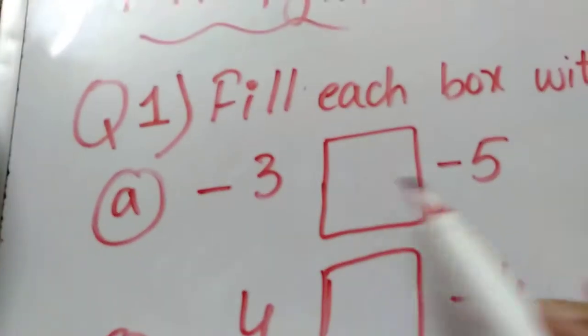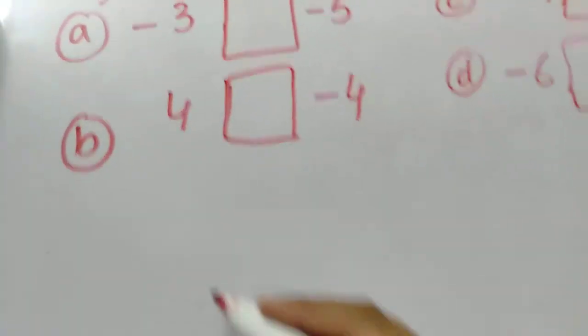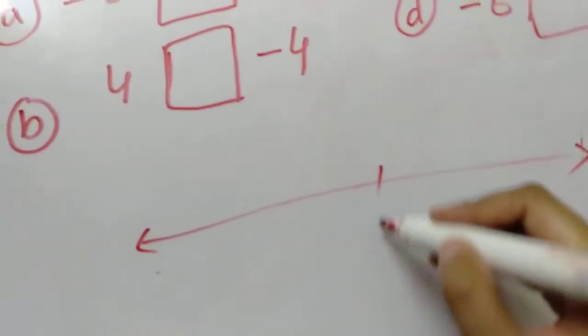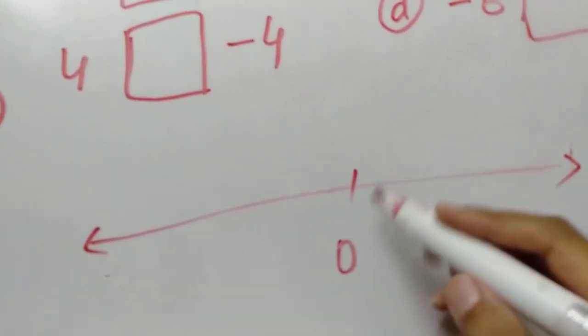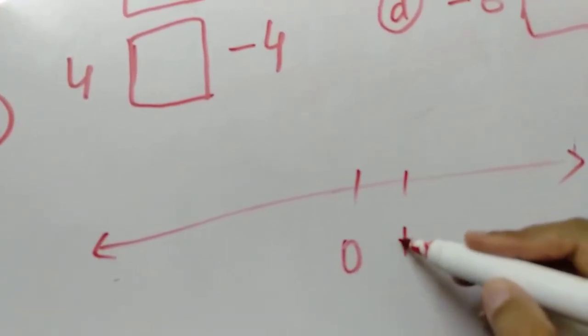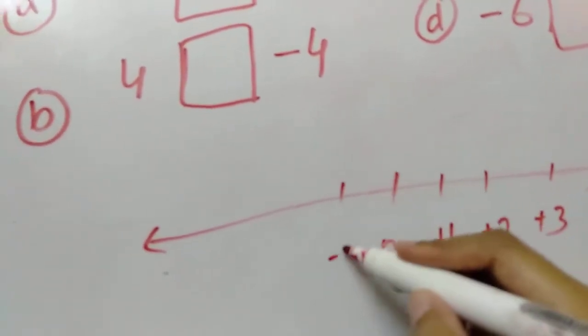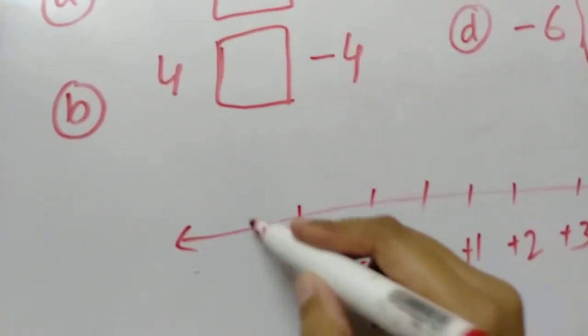Now is -3 greater or is -5 greater? If we see it on the number line, I have told you that in between there will be 0, then +1, then +2, and then +3, -1, -2, -3.